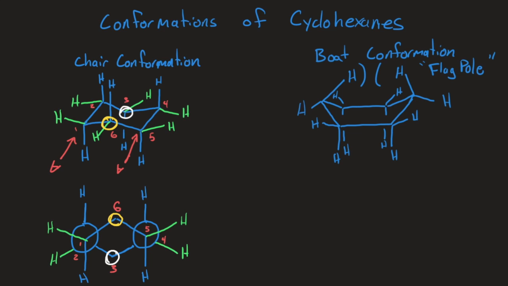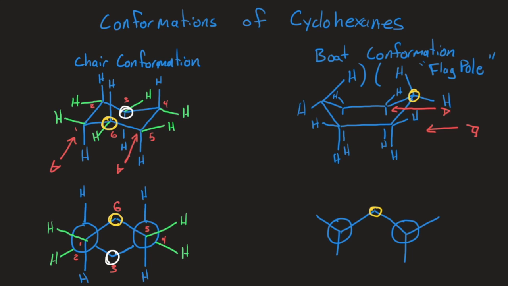If we look at the Newman projection of this conformation, I'm going to look this direction, down that bond, and then down this bond here. It looks a little bit like this. This time, this carbon is the same as that carbon.